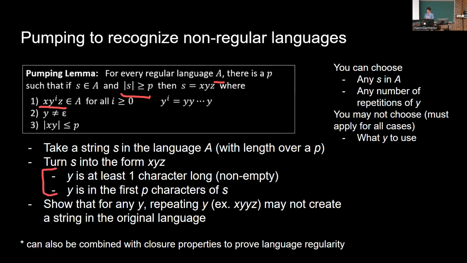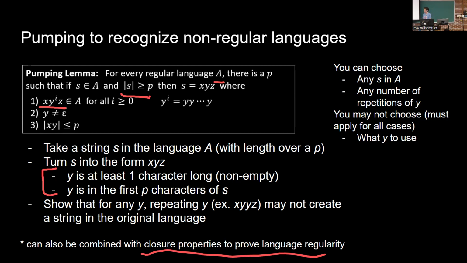No matter how long y is, you cannot choose this, you have to check all cases of this. No matter what y is, there will be a number of repetitions that makes an expression that is no longer in the language. And yeah, you can also use it with closure properties.